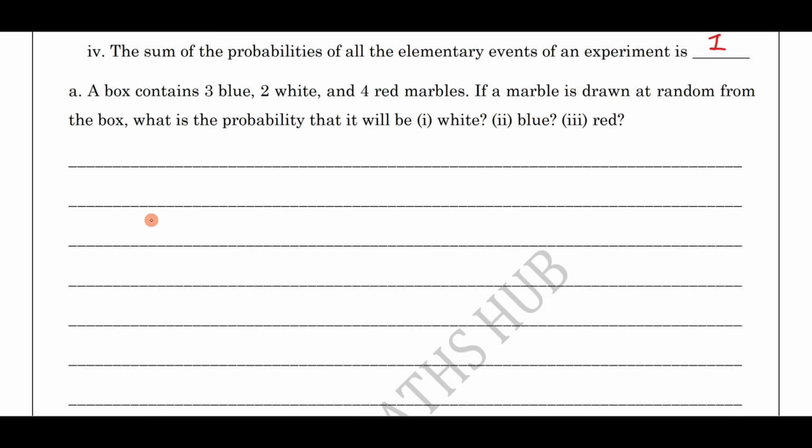That means the total number of marbles, n of S. What is the total number of marbles? 3 plus 2 plus 4, that you will get. You have a total of 9 marbles, that is n of S. The sample space is what? 9. Always you should find out the sample space.